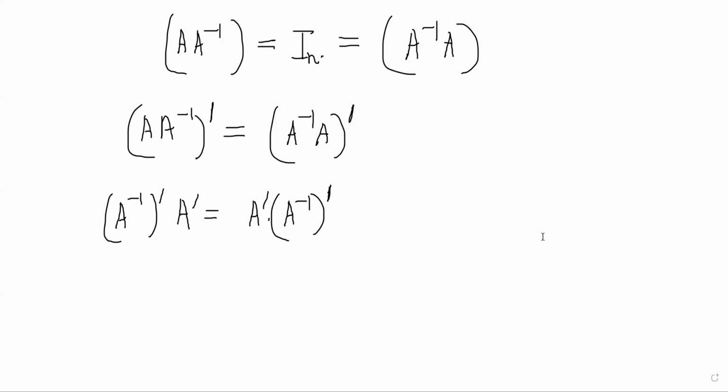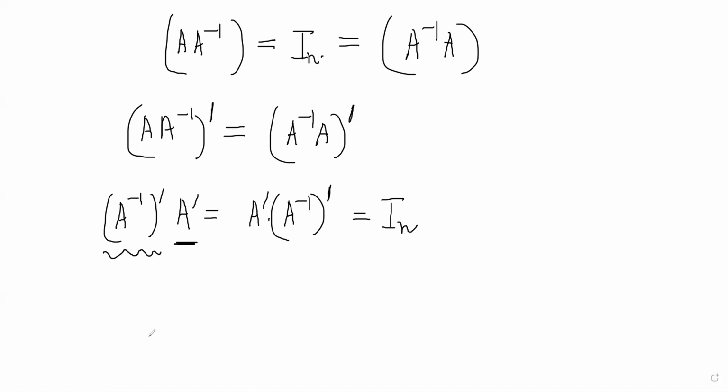Now we can write this as A inverse transpose times A transpose. Both of these things are equal to In. So that tells us that this thing is the inverse of this.